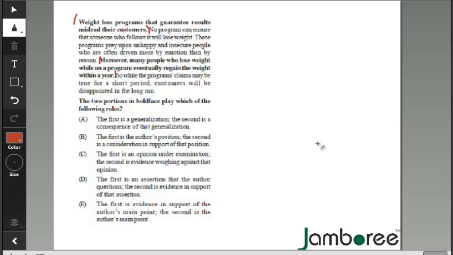Okay, have you read the paragraph at least? First read the paragraph.